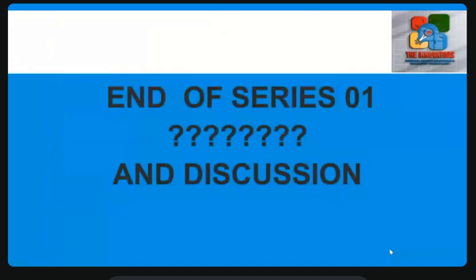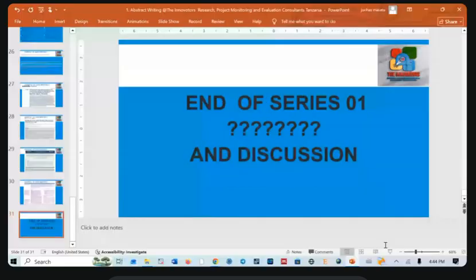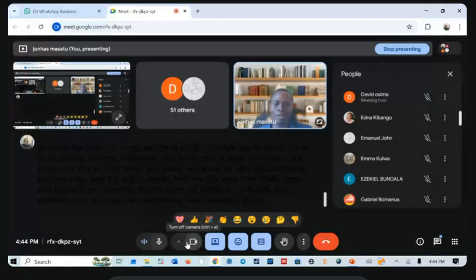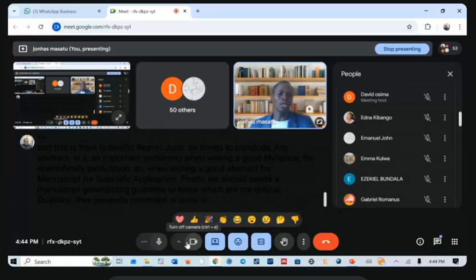So, to conclude, an abstract is an important section when writing a good manuscript for scientific publication. So when writing a good abstract for a manuscript for scientific publication, first we should read the journal's writing guideline to know which critical qualities the journal recommends in order to write an abstract for the given manuscript.